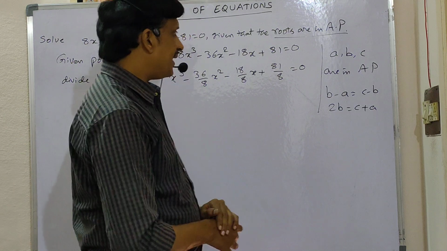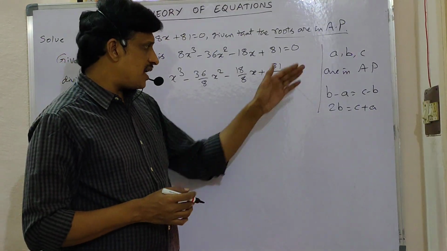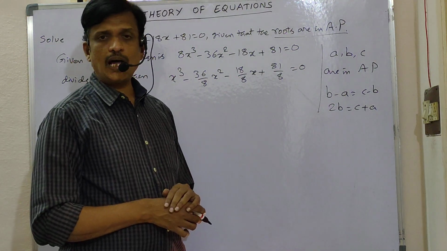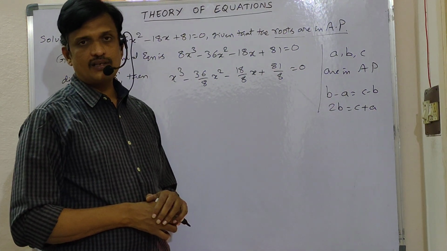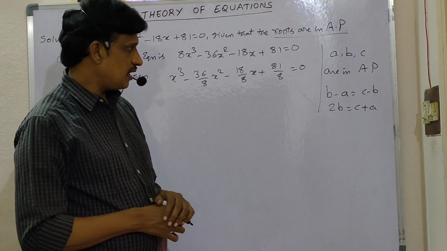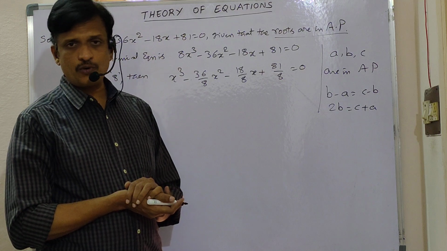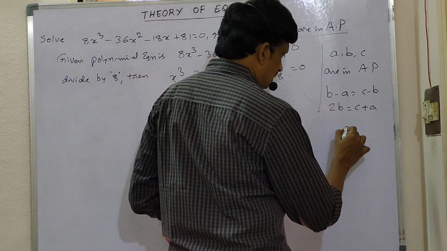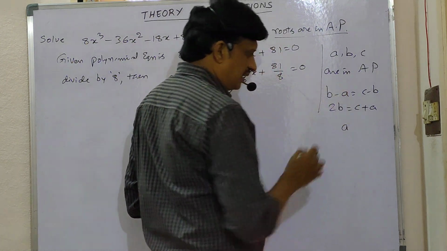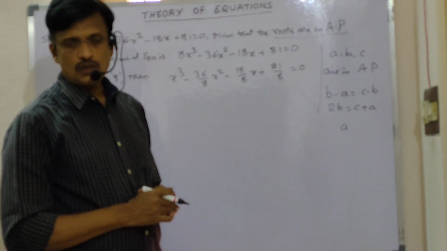numbers. Okay. But here, instead of taking alpha, beta, gamma and applying 2 beta equal to alpha plus gamma condition, another simple method is there. That one we will use here. If you want to write any 3 numbers which are in arithmetic progression, for example, A is one of the 3 roots.